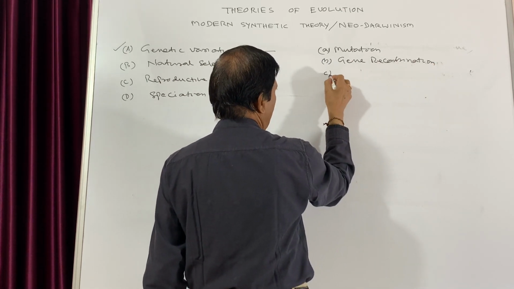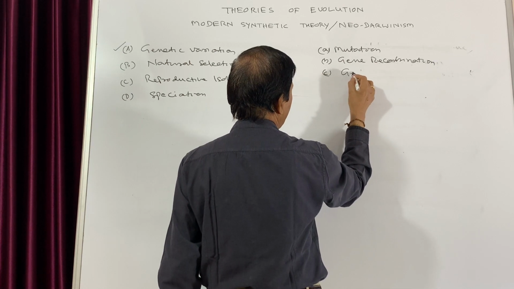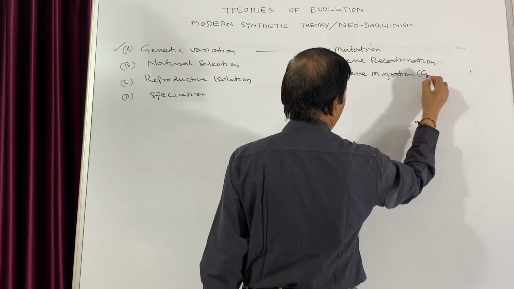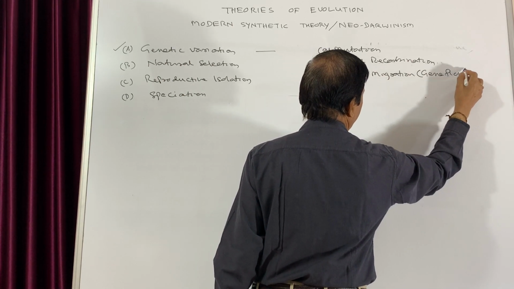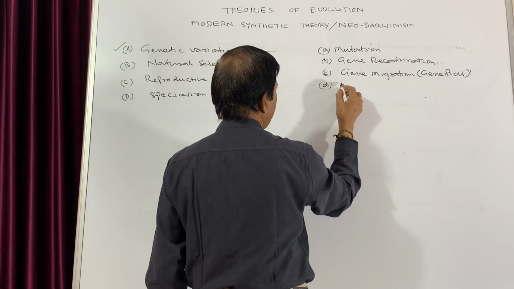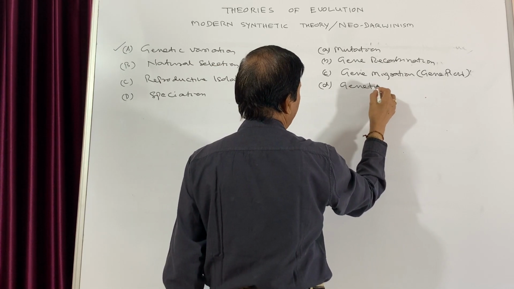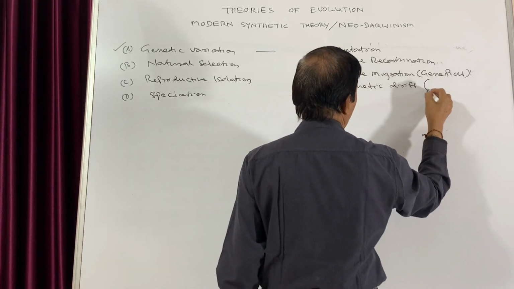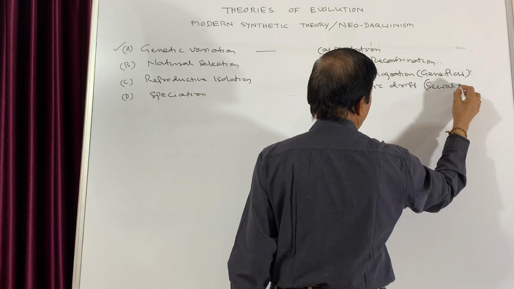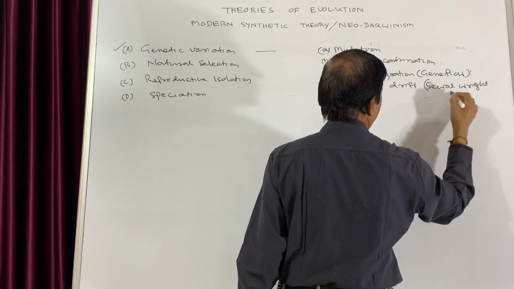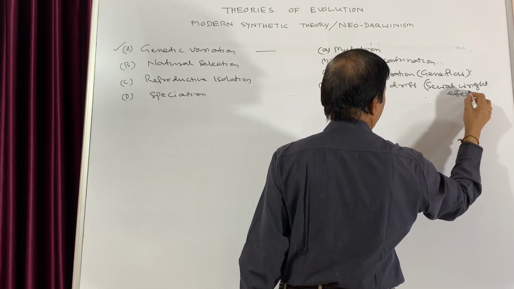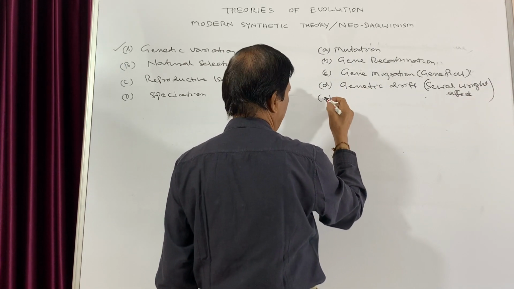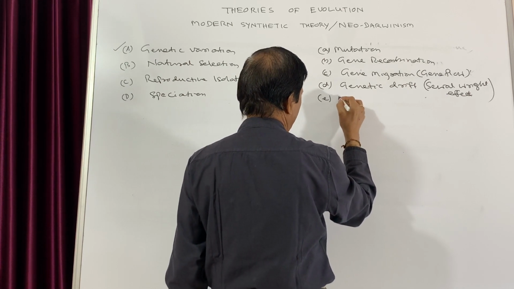Then the third one is gene migration, which is also known as gene flow. Then the fourth one is genetic drift, which is also known as the Sewall Wright effect. The next point is non-random mating.